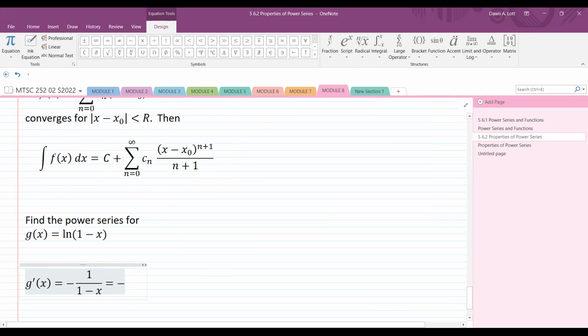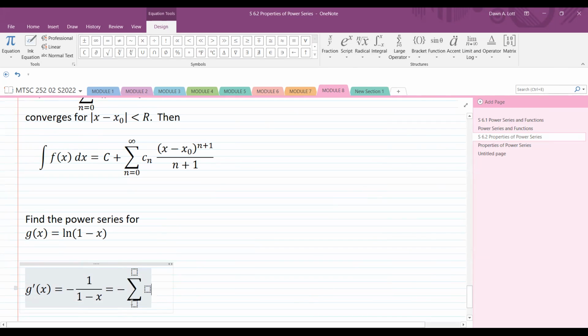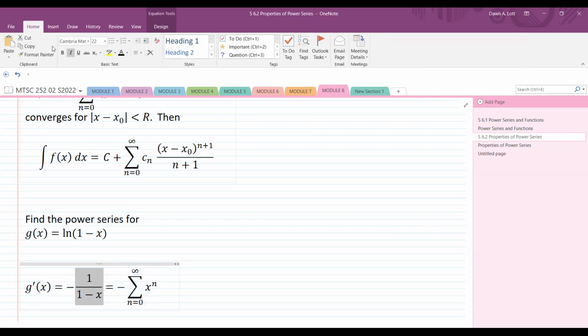This is minus the sum n equals 0 to infinity of x to the n. We already know that piece right there is equal to this piece.